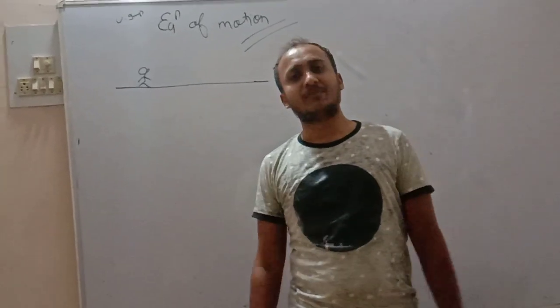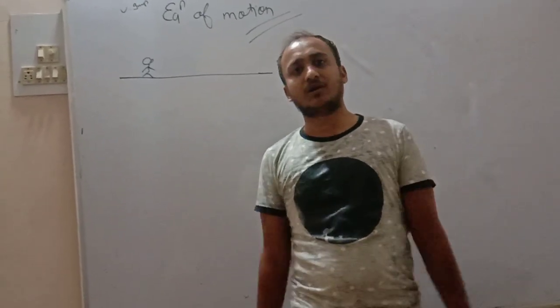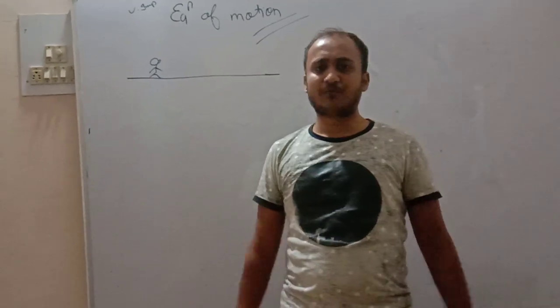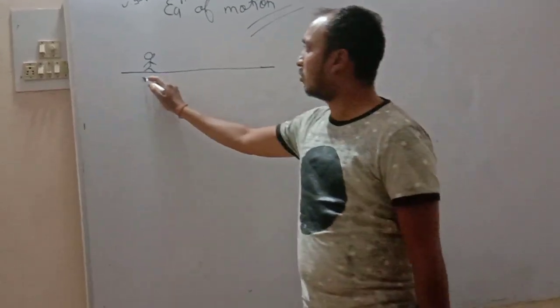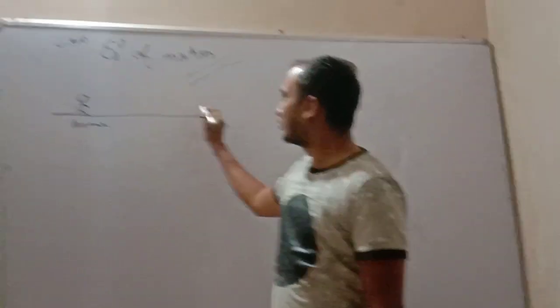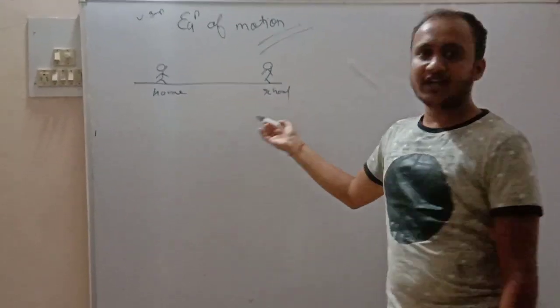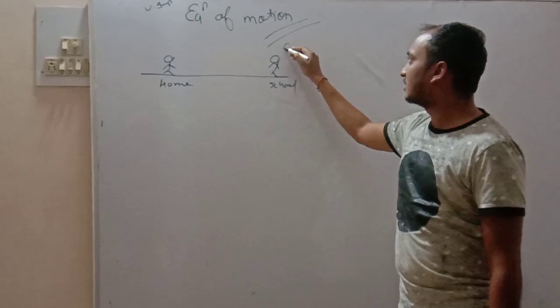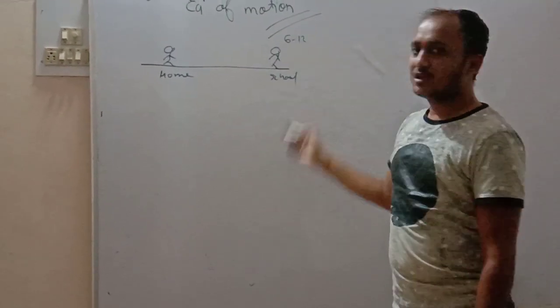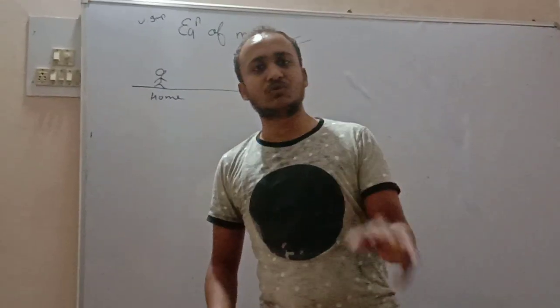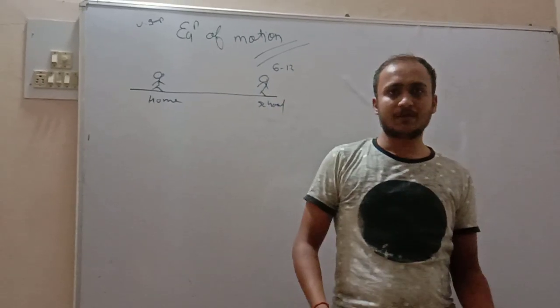But friends, there is a constraint. The constraint is some pressure, like the pressure of parents, that you have to go from home to school. Let school timing be 6 to 12. So in 6 to 12 you will be in school.